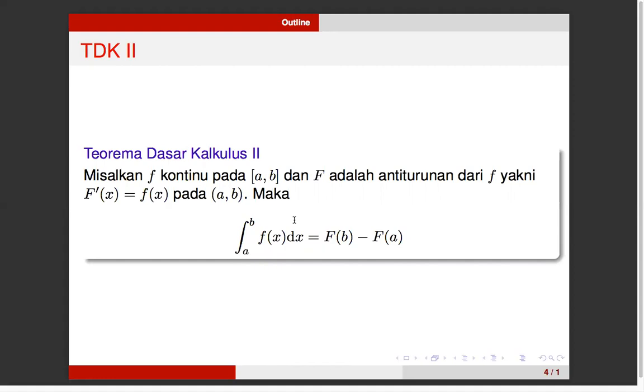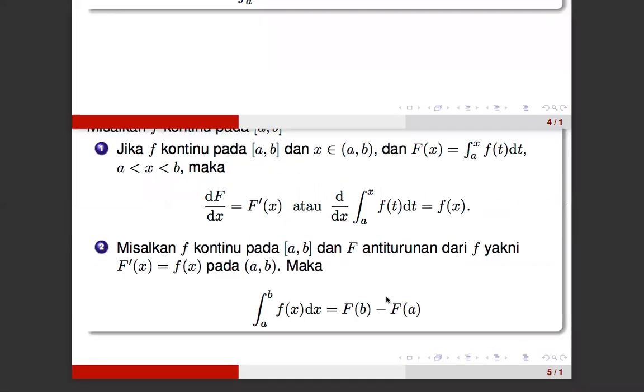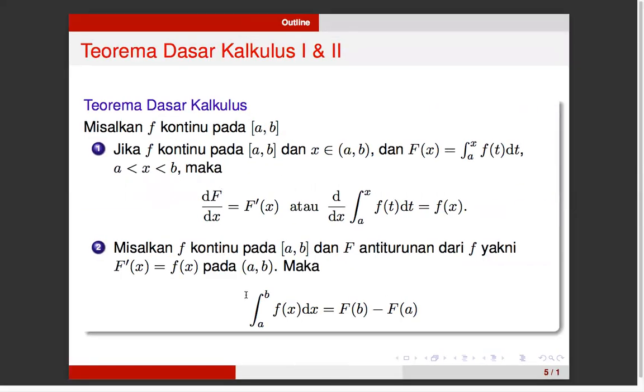Therefore, the integral from a to b of f(x) dx is equal to the value of big F at x equals b minus the value of big F at x equals a. So this is the fundamental theorem of calculus.